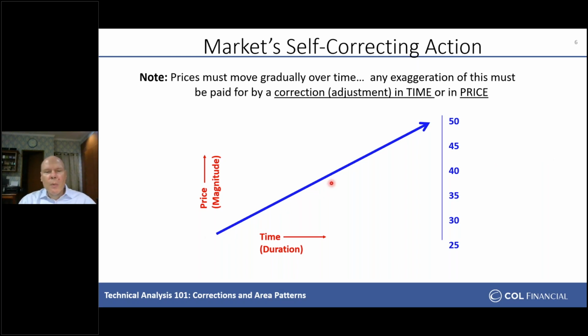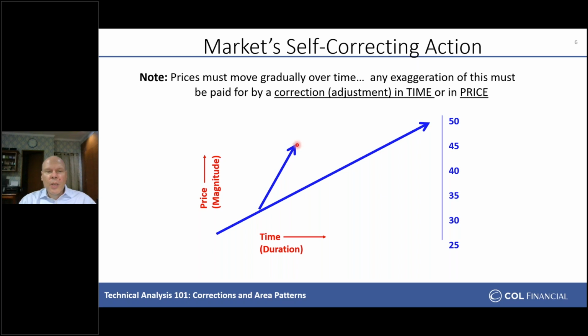So if this blue line is the way prices should be climbing, and people see that prices are climbing and it starts to accelerate much faster, it convinces a lot more of the short-term crowd to come buying the stock, and you will get an accelerated swing up in price. But remember, this is where the price should be, not up here.